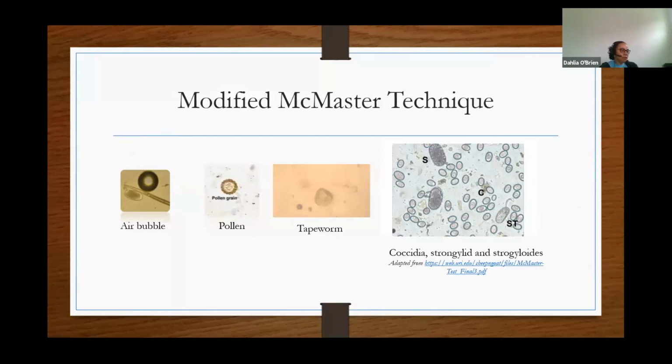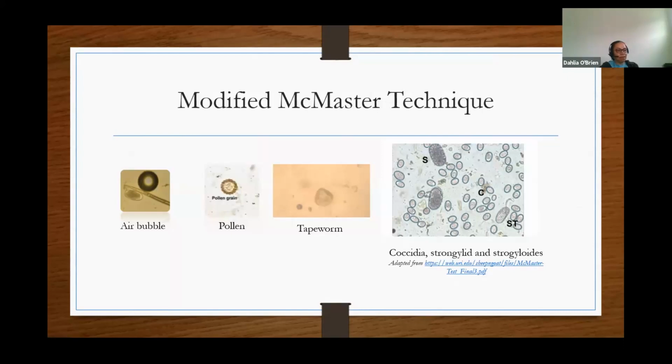If you look at that first image, you'll see a black circle with a clear center, and that's usually an air bubble. A few of these in your sample is no issue at all, no problem. You could still do your fecal egg count with a few of these.